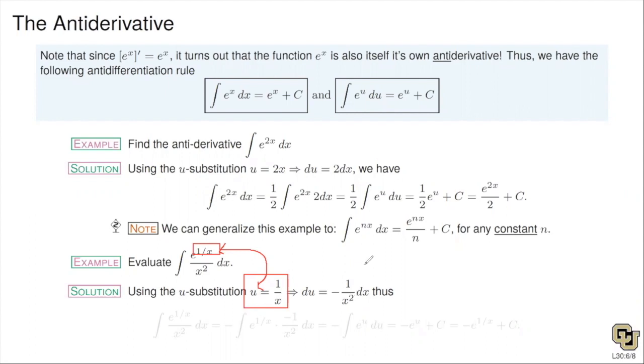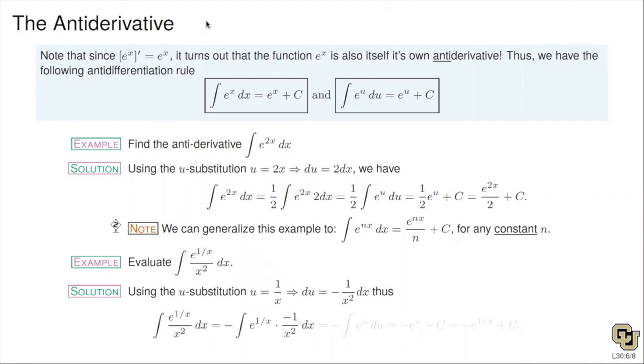The derivative of x to the minus 1 is minus x to the minus 2. And by quote unquote coincidence, now we're lucky because we exactly do have dx over x squared occur in the integral. Yes, it's off by a minus sign, but that's not an issue if it's off by a constant. We can always multiply the inside by a minus and multiply the outside by a minus.